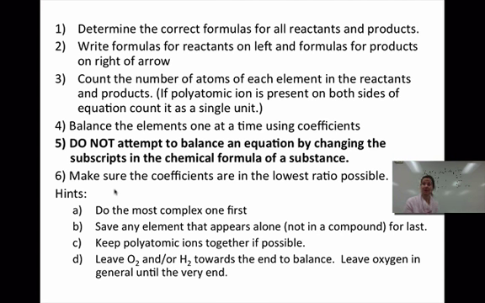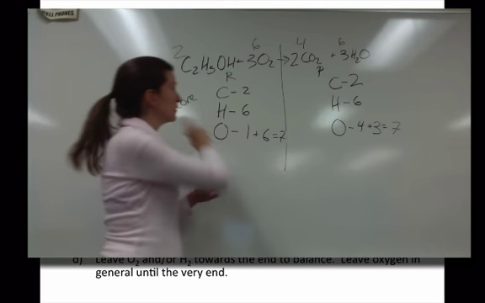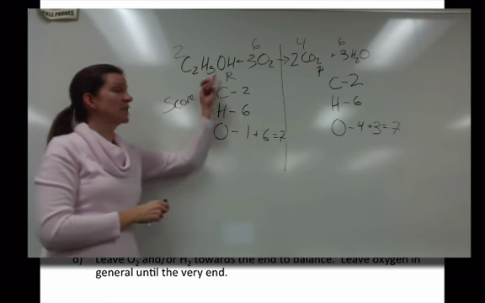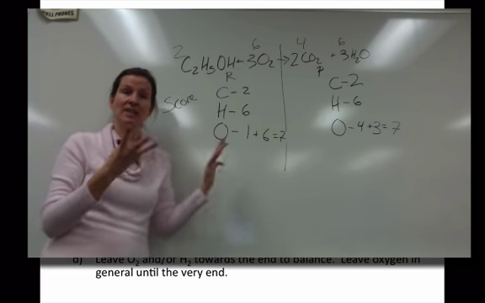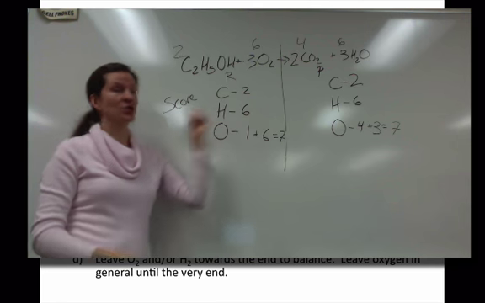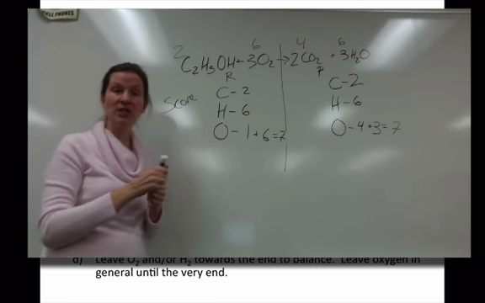Keep your polyatomic ions together if they show up on the reactant side and on the product side. So for example, if you look at our equation, you see an OH group, which may lead you to be like, oh, it's hydroxide. But hydroxide isn't showing up on both sides of your chemical equation.